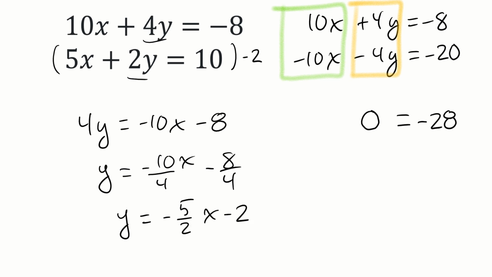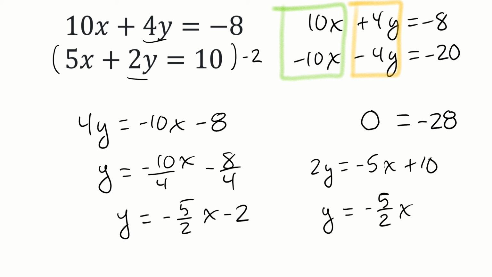So that's the top equation. The bottom equation is going to become 2y equals -5x plus 10. And if I divide everything, that's not exactly the same equation, is it? Because it's going to become y is equal to -5 halves x plus 5.